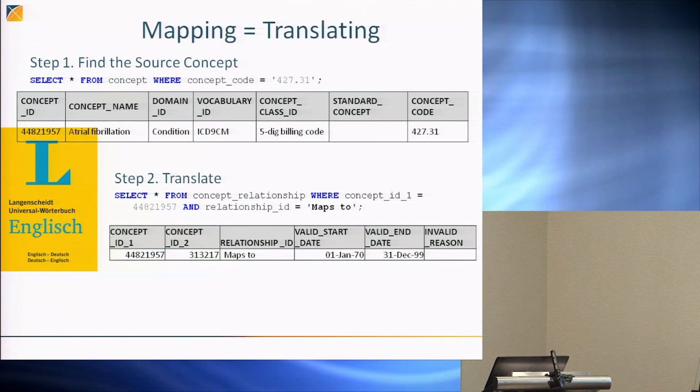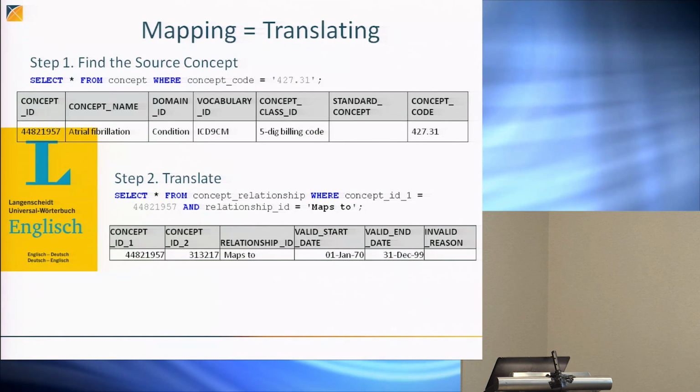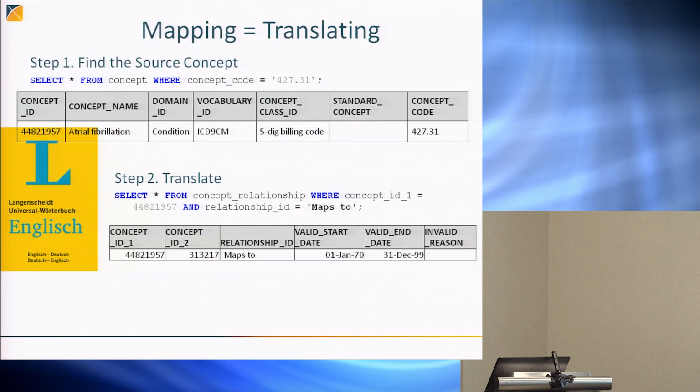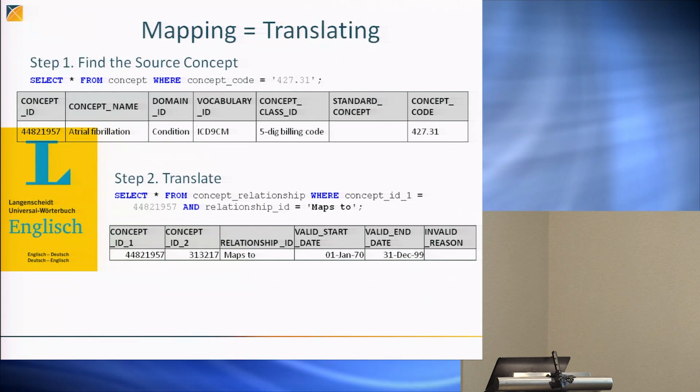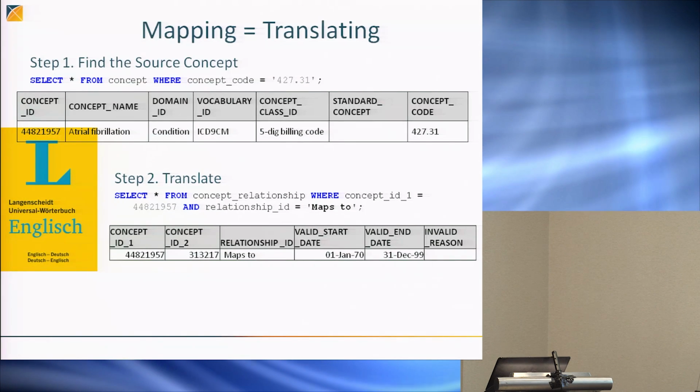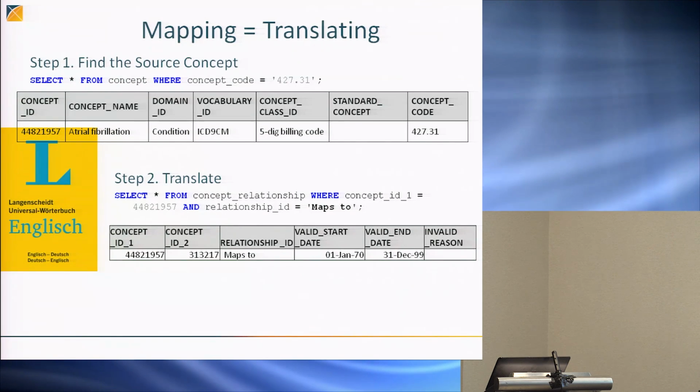They go to the concept table, give me my ICD-9 code, they get this guy, turns out it's not a standard, it's Swedish, they go to the translation table and get the English. But why can't you just do a join on the concept table and get the one that has the S? No. If you go by name, you will do that, and you will get the one that has an S.